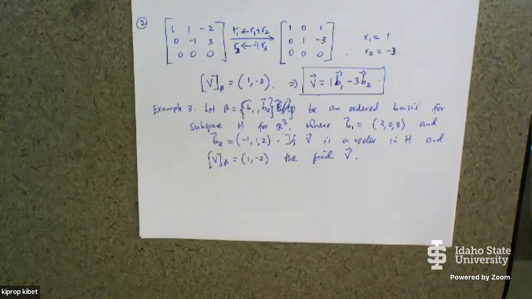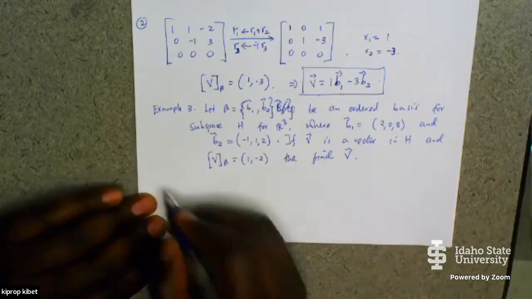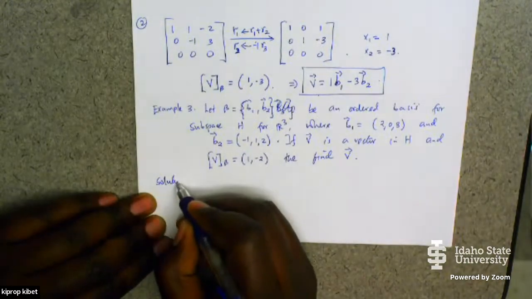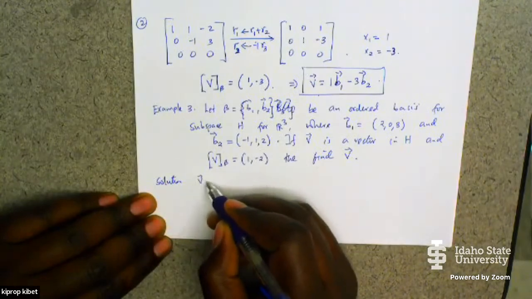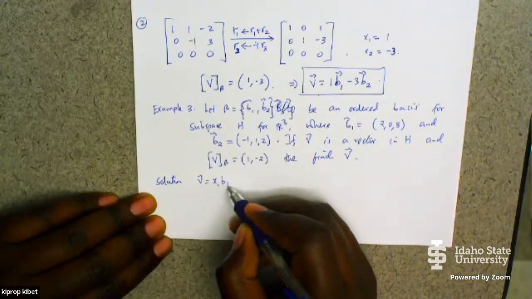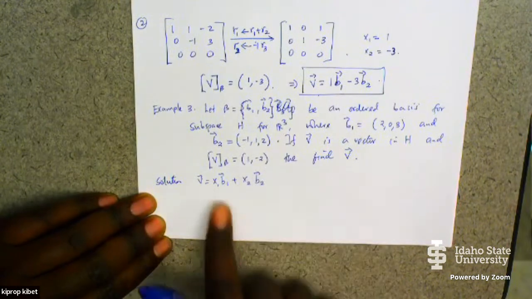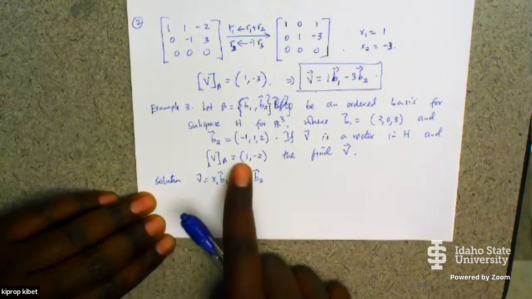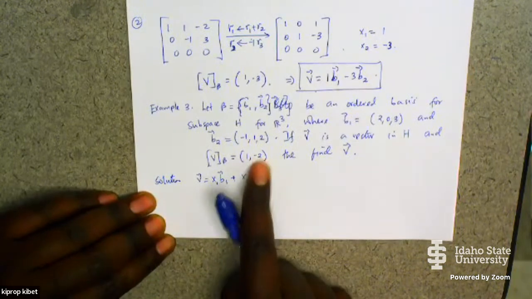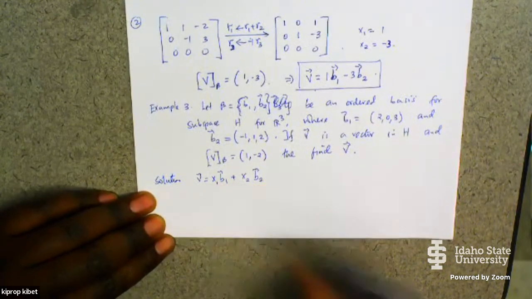If you're given the B coordinates, then let's find v. It is simple. We know that v is equal to x1 b1 plus x2 b2. We already have x1, which is 1, and x2, which is -2. We have b1 and b2.